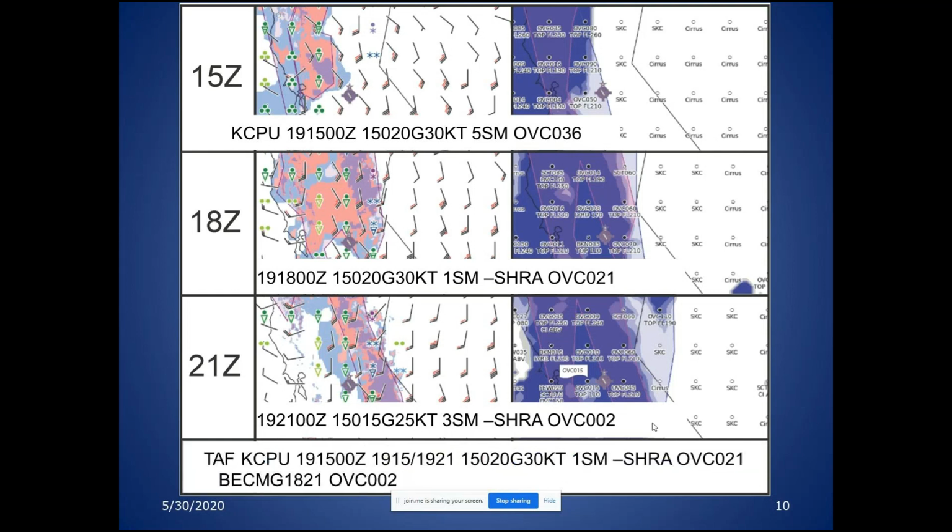Using these operational values, we can develop a forecast for Calaveras Airport between 1500 and 2100 Zulu. Taking the most significant parameters between 1500 and 2100 Zulu, we have winds out of the southeast gusting to 30 knots, visibility 1 mile, light rain showers, overcast clouds at 2,100 feet AGL, becoming, between 1800 and 2100 Zulu, 200 overcast.